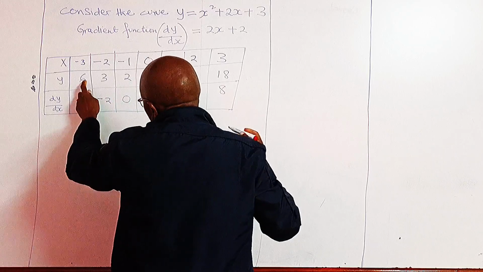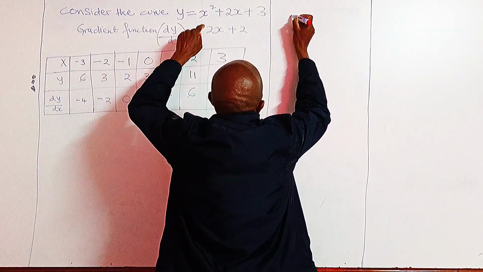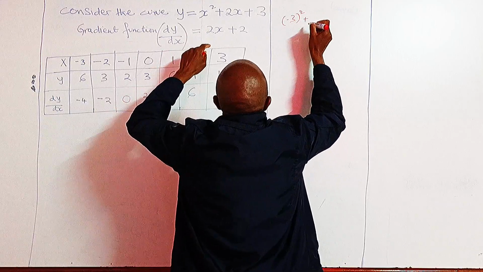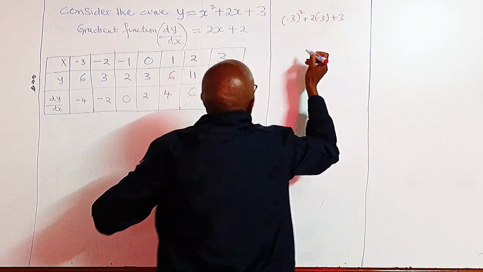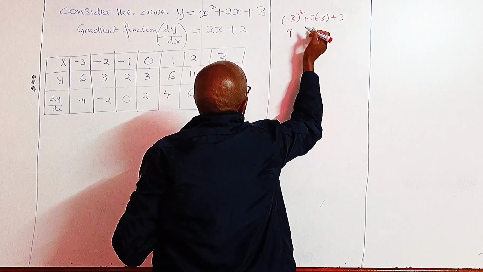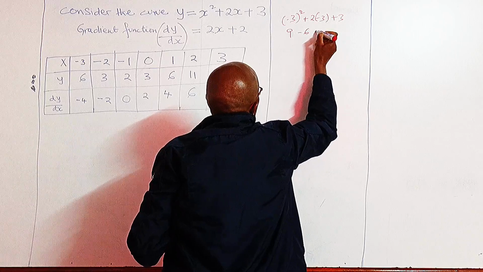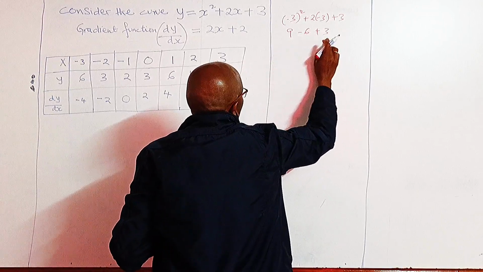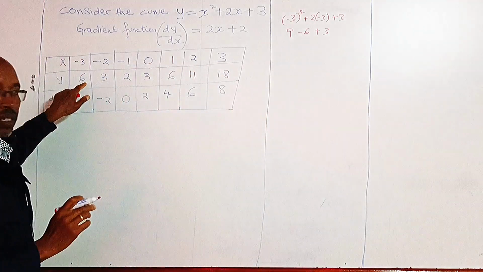For example, to get 6, our x is -3, so we'll have (-3) squared plus 2 into -3 plus 3. This gives us 9, then positive times negative, we have -6 plus 3. So we'll have 9 plus 3, which is 12. 12 minus 6, we get 6.